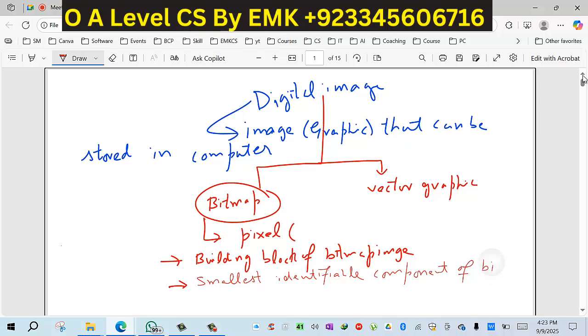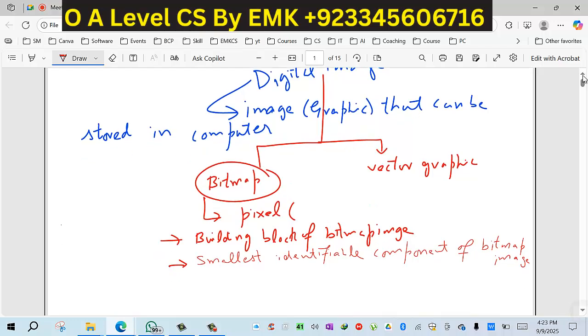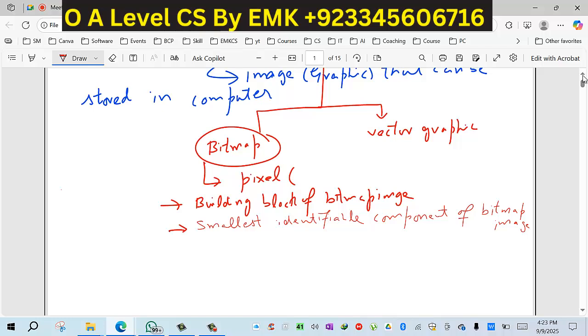Bitmap image. बिटमैप इमेज का स्मॉलेस्ट आइडेंटिफाइएबल कंपोनेंट. Understood? ओके, so next point इसके बारे में क्या हो सकता है?